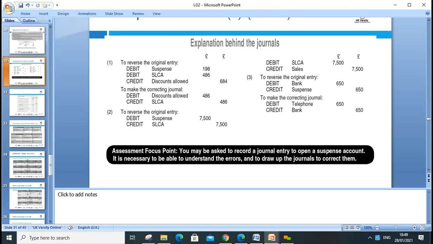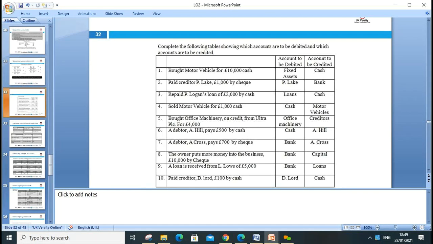Okay, then we have the explanation behind the journal. When we prepare it, we look at the debit and credit entries, each, and we can reconcile our journals. Any question on this? We do double entries. Normally when we do the journal, like you bought a motor vehicle, what goes debit, what goes credit. So all of this explains how we can treat the double entries.